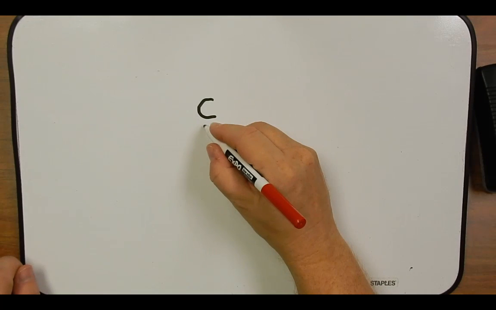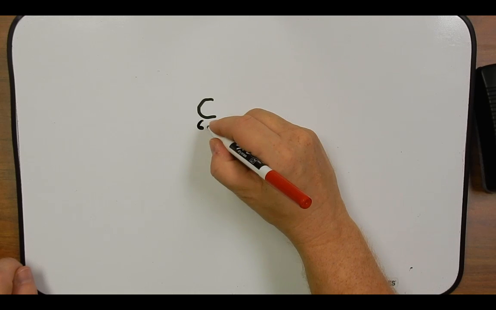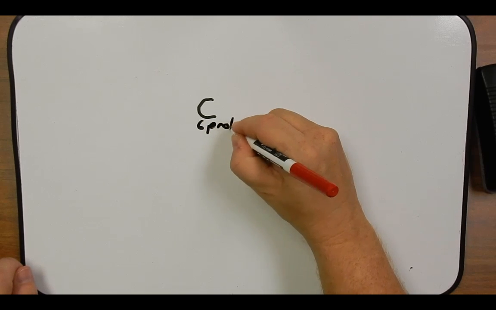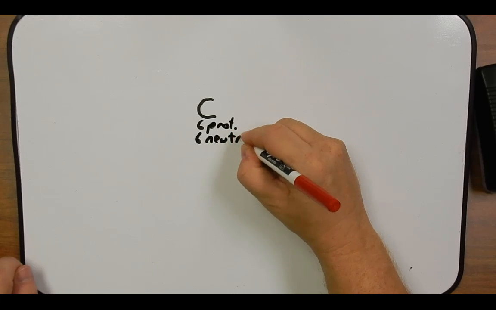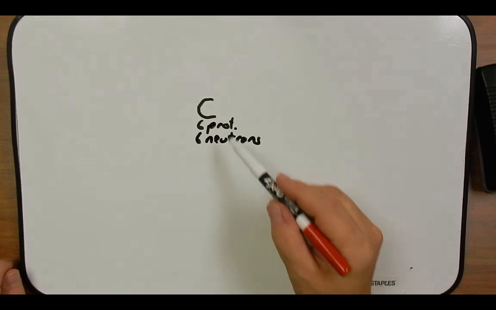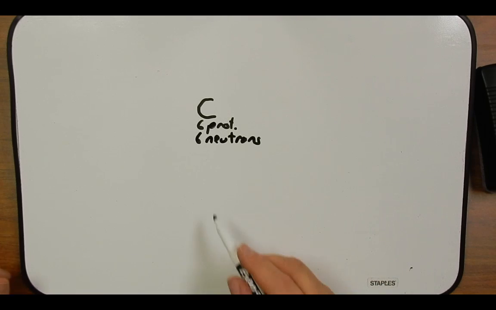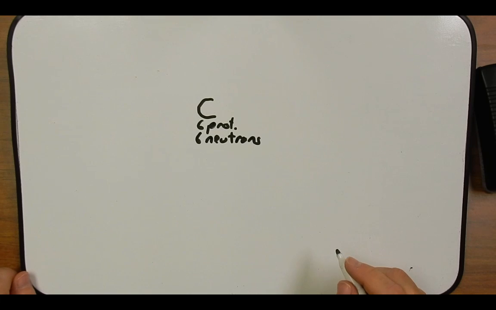In the nucleus of this atom, as I said before, you will have 6 protons and you will have 6 neutrons. I didn't explain it when I had the numbers just written here, but remember that bottom number was 12, so 12 subtract 6 gives you 6 neutrons. It has 6 protons, so it has 6 electrons.